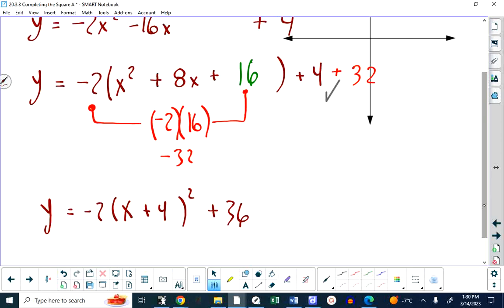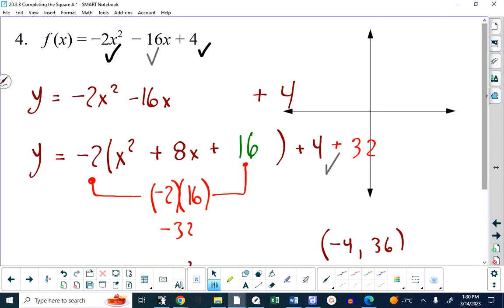So the vertex is at negative 4, comma 36. It opens down because a is negative 2, and it's somewhat narrower than x squared. Negative 4, 36, opens down, narrow.